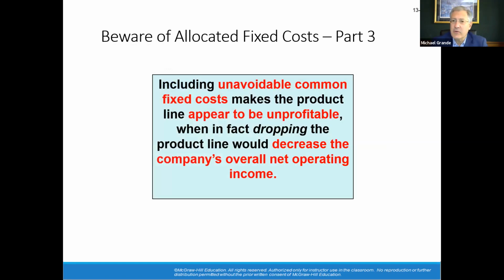Including unavoidable common fixed costs makes the product line appear to be unprofitable, when in fact dropping the product line would decrease the company's overall net operating income, which you just saw, because common costs, allocated costs don't go away.